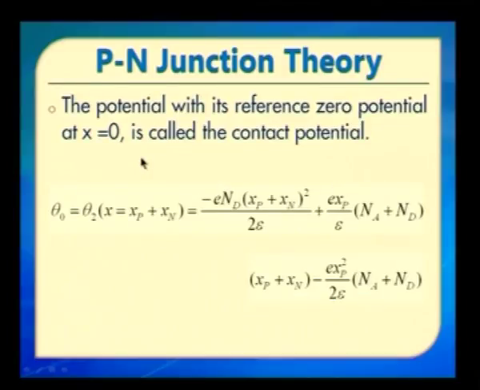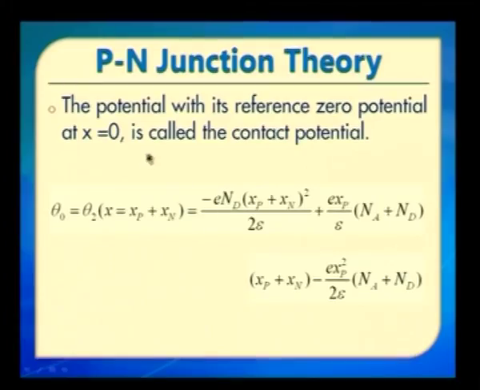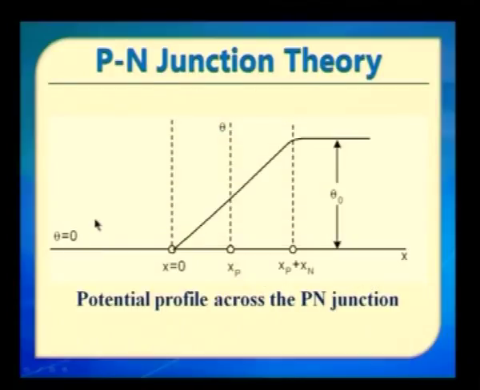What I am trying to tell you is that the potential with its reference zero potential at x equal to 0 is called the contact potential. I call this theta naught the contact potential, and theta naught is nothing but theta 2 determined at x equal to xp plus xn. Thereafter you have theta naught, with the same value.